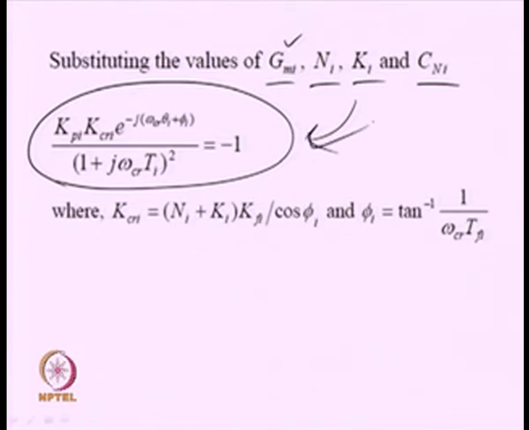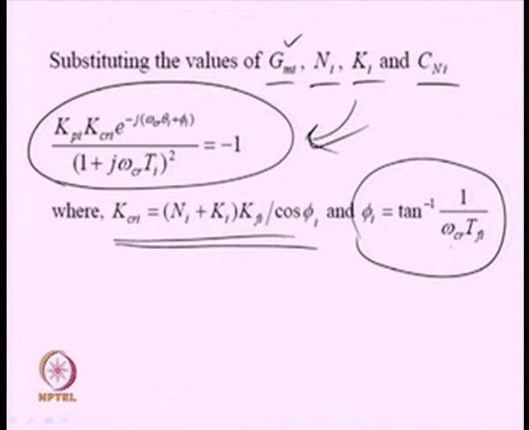Now, what is KCRI? KCRI is found to be NI plus KI times KFI upon cos φI, and φI is given by tan inverse 1 upon ωCR TFI.